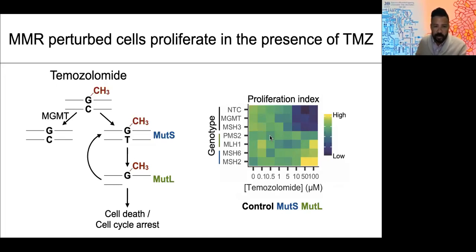Now we observe that our controls, as expected, have a dose-dependent decrease in the expression of proliferation genes. Whereas cells that are perturbed for mismatch repair machinery that's involved in toxifying temozolomide maintain proliferation despite large amounts of drug.